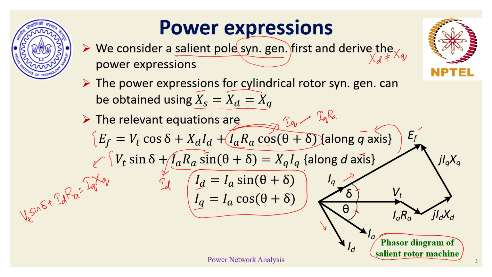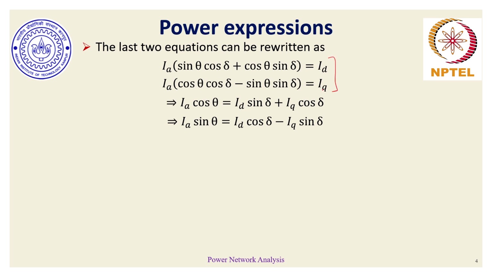So with these as our equations, which are also discussed further, if we focus on the last two expressions, we can expand the sine of theta plus delta and the cosine of theta plus delta into elongated forms, which would be the first two equations shown over here.